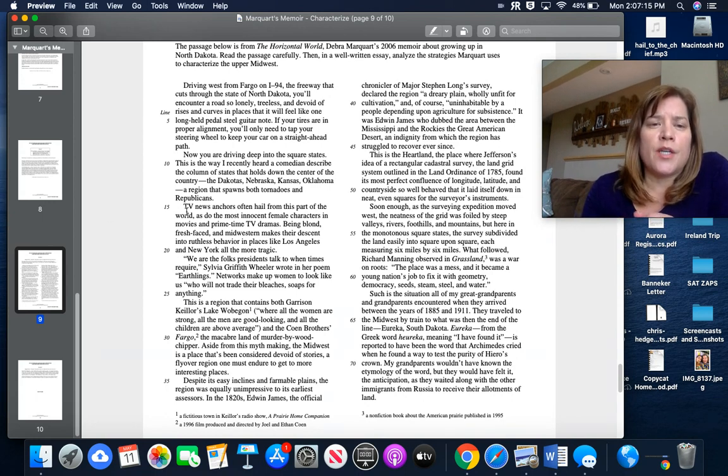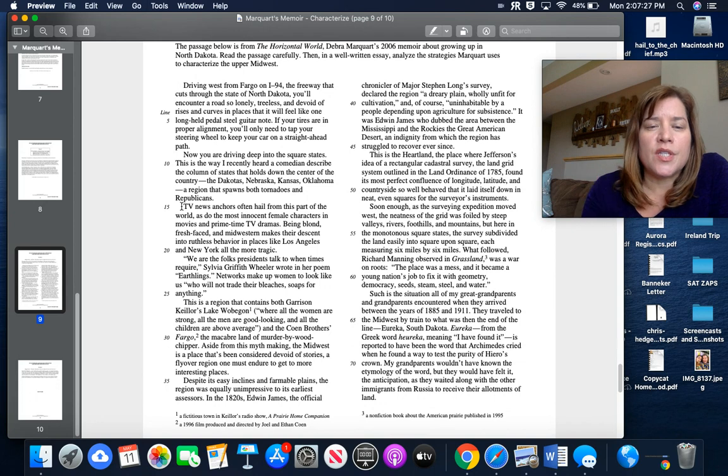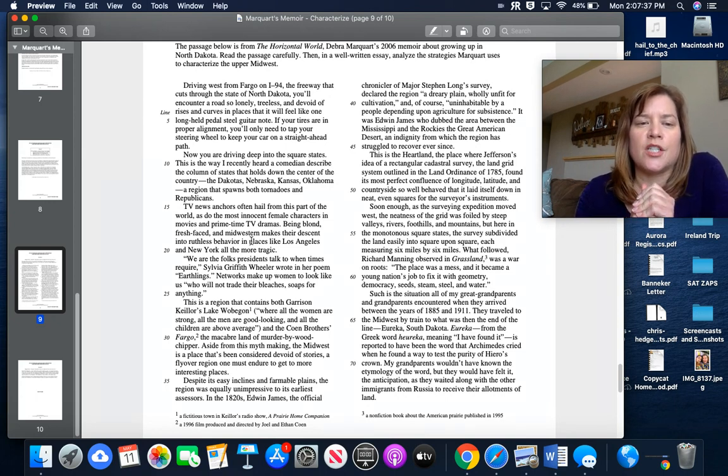First, she makes references to contemporary things that we're used to seeing, contemporary pop culture. So TV news anchors, TV dramas, innocent female characters in TV dramas being blonde, fresh-faced, and Midwestern makes their descent into ruthless behavior in places like Los Angeles and New York all the more tragic.